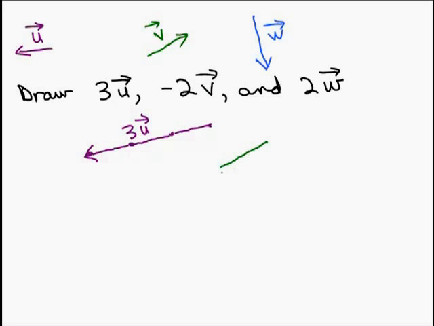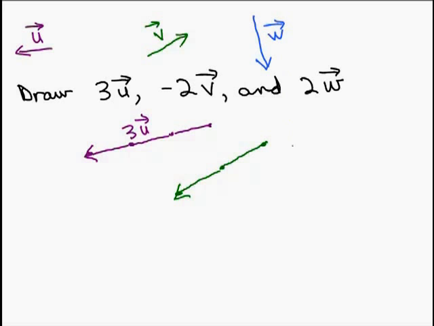And I've got to do it twice as long. I'm just freehand drawing it, of course. If you had a ruler, you can get it more exact. Now if I did 2v, the arrow would be up here at the right, but I've got negative 2v, so it's down here. And the last one, 2w, well, if this is w, then 2w would be twice as long.